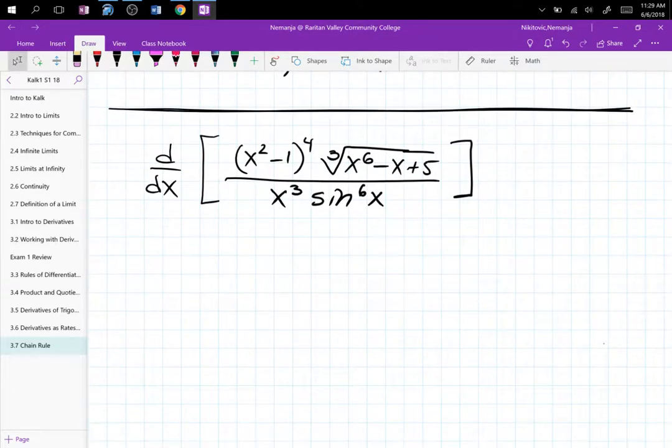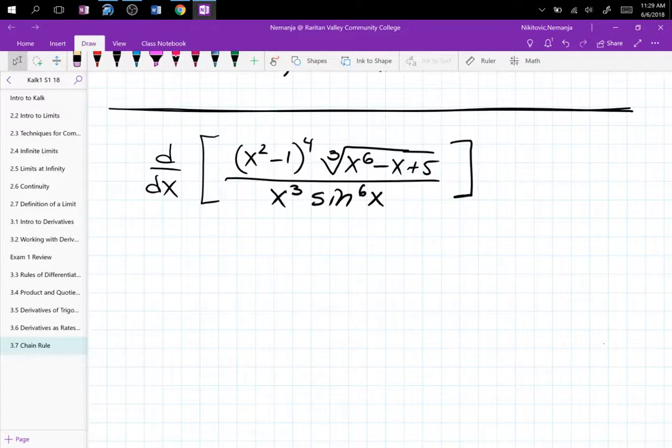I hope that you see 3 chain rules, right? Everything except x cubed is a chain rule. That you see 2 separate product rules, one on top and one on the bottom, right? And then overall quotient rule.